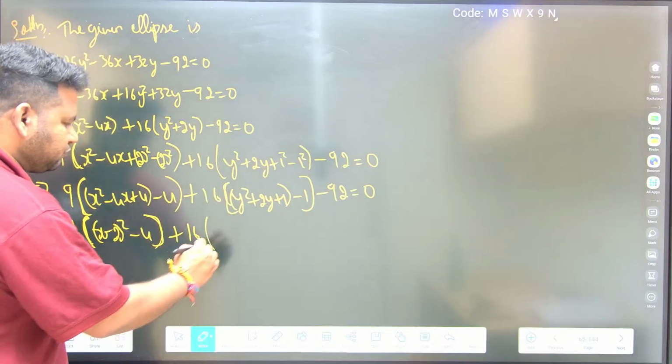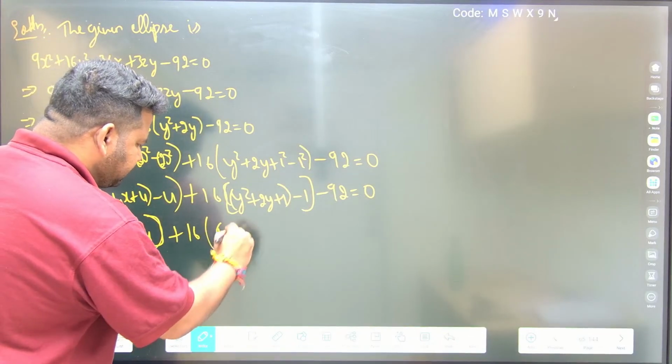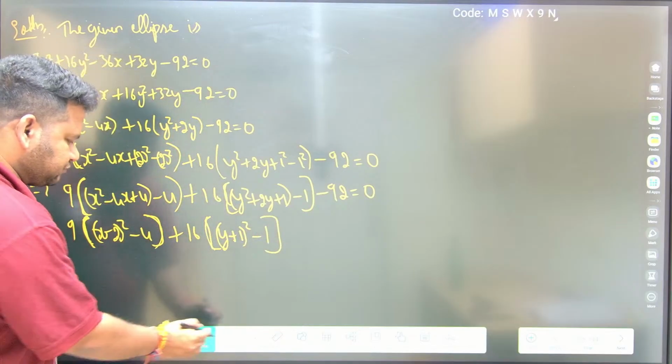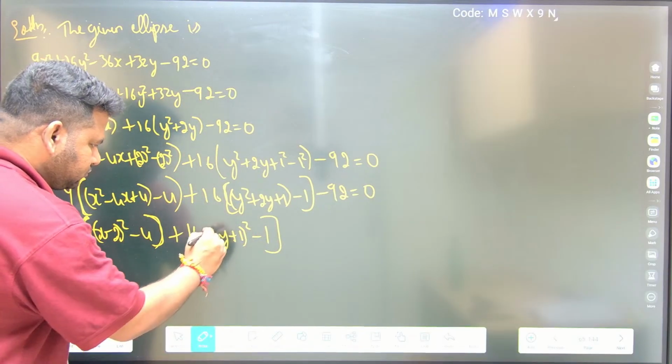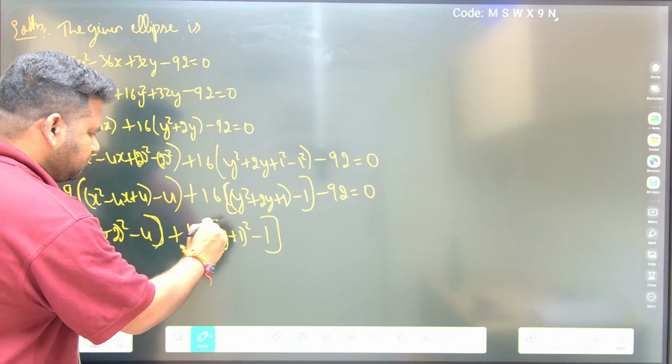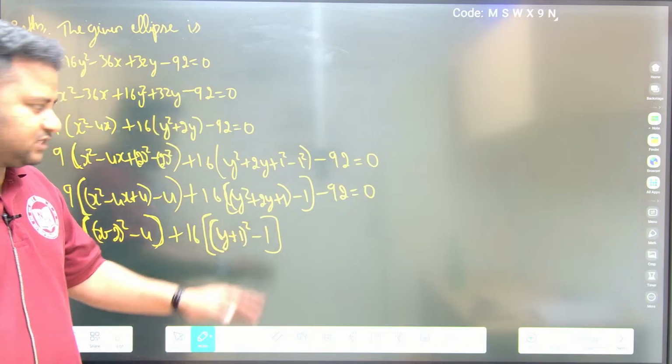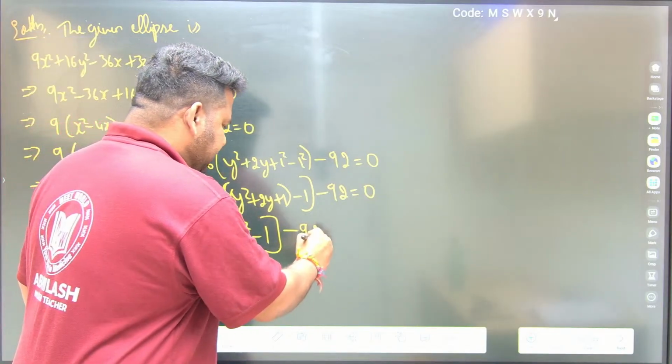So this is 16[(y + 1)² − 1] − 92, and write it as equal to 0.